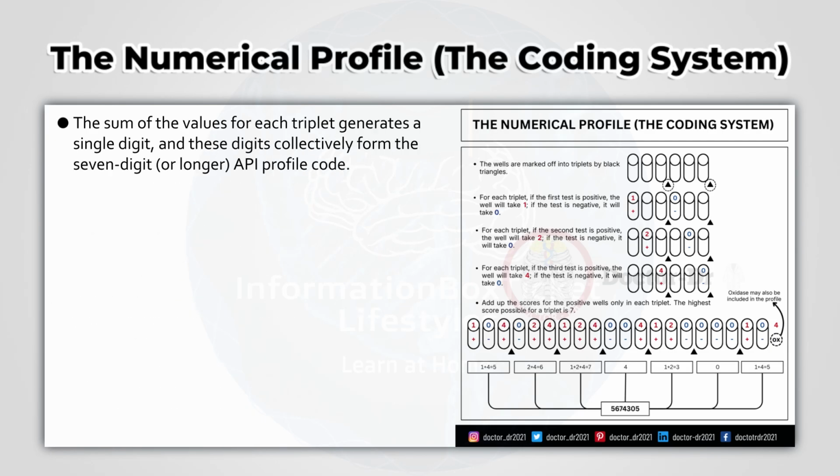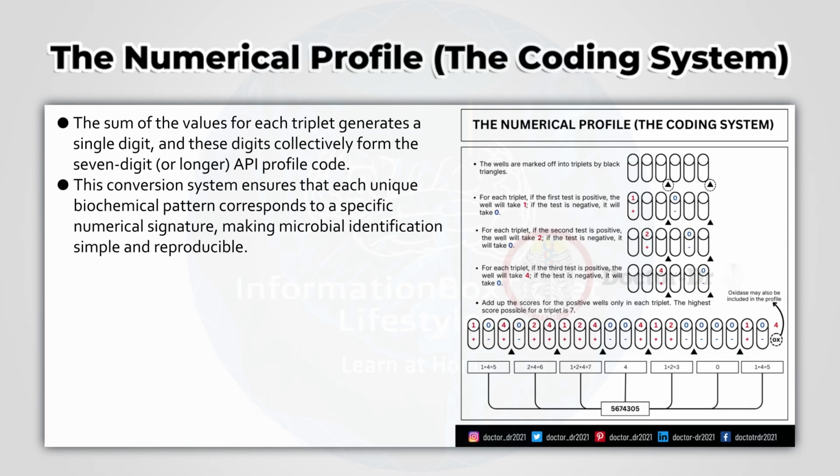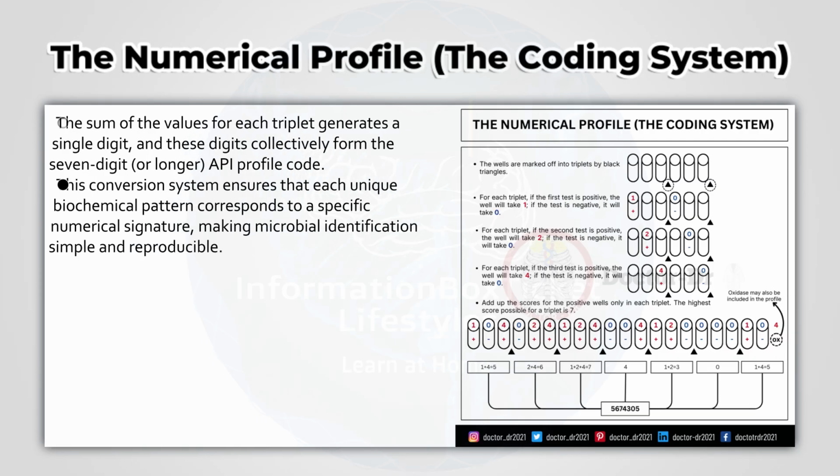The sum of the values for each triplet generates a single digit, and these digits collectively form the 7-digit, or longer, API profile code. This conversion system ensures that each unique biochemical pattern corresponds to a specific numerical signature, making microbial identification simple and reproducible.